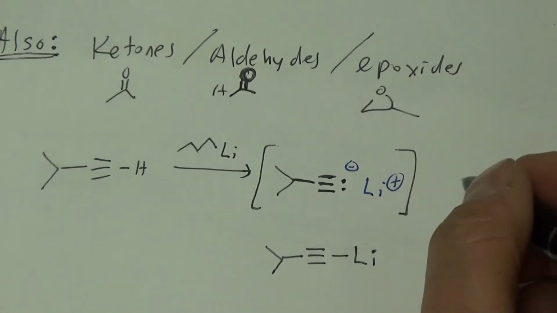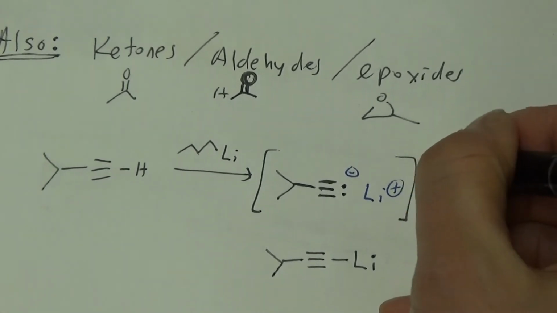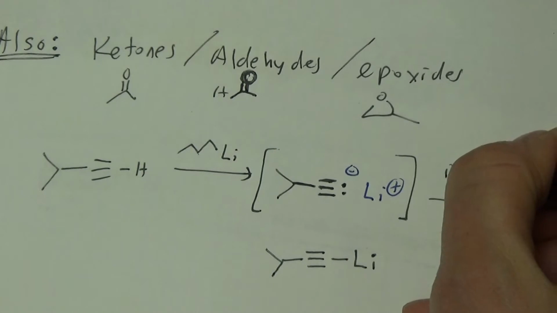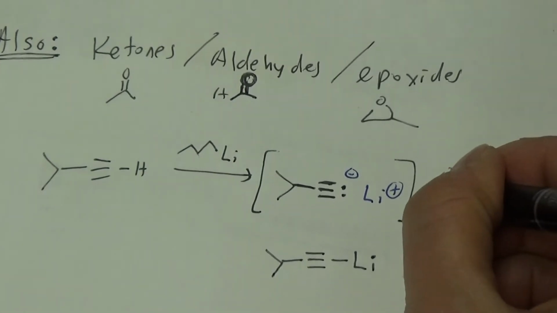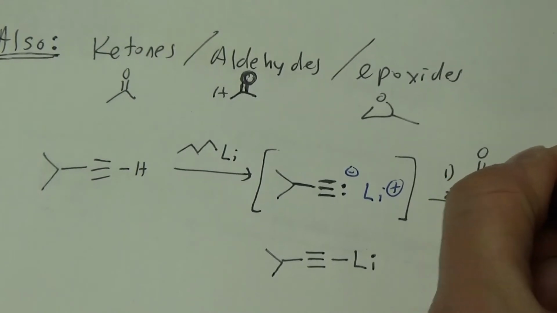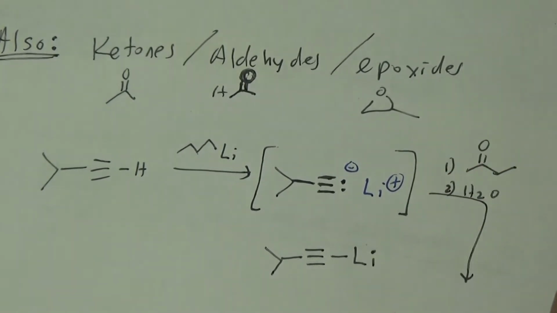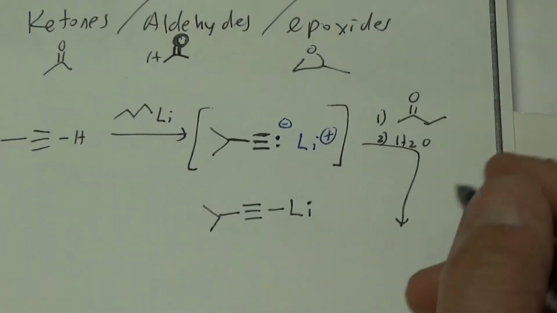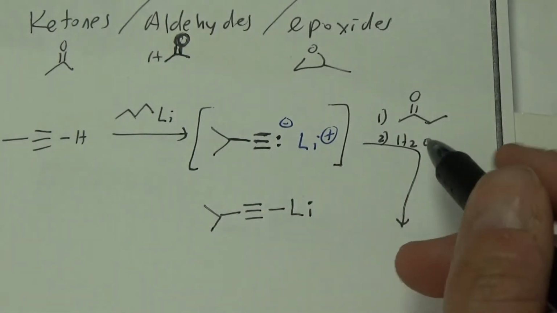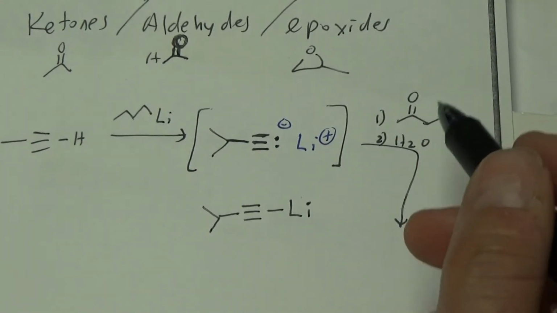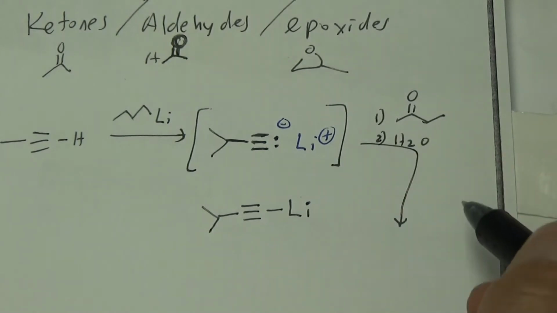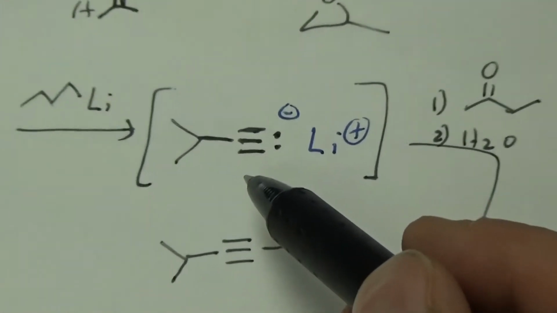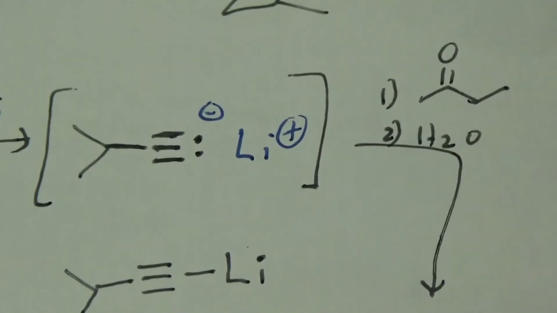this carbanion-like intermediate. Well, what happens if I react this with a ketone? What do I get? It's just like a Grignard, right? I'll step through the mechanism and draw the product. This is a super duper nucleophile, that's a nice electrophile.